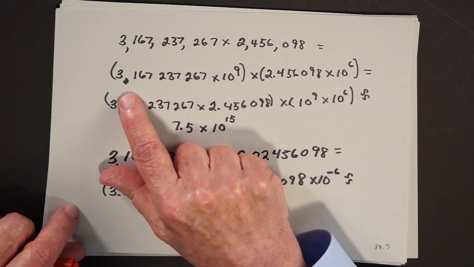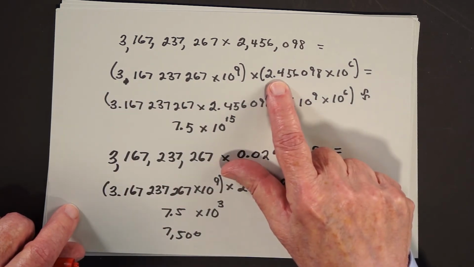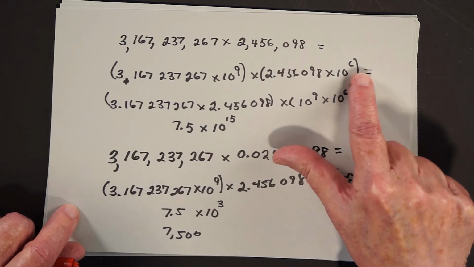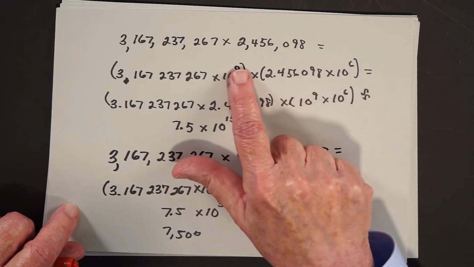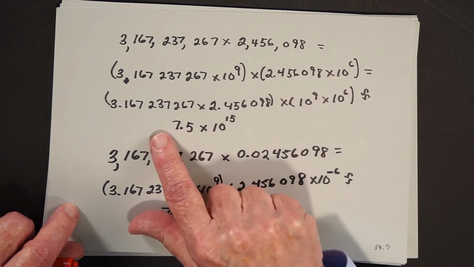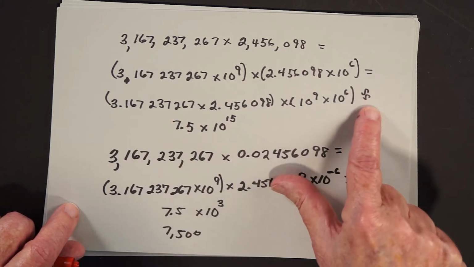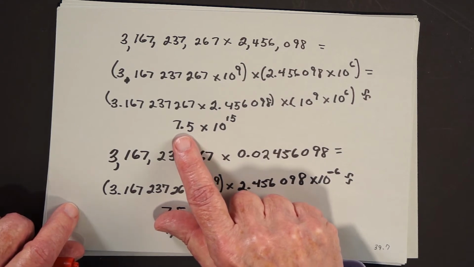I'm multiplying a number that's close to 3 by a number that's close to 2.5 times 10 to the 9th times 10 to the 6th. The rule for multiplying like bases is you just add the exponents. And so what we get is this number here, which is pretty close. That's why I write the squiggly equal sign. This is pretty close to 7.5.